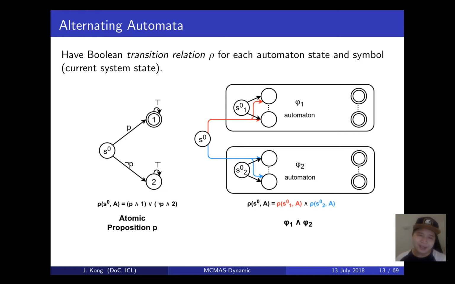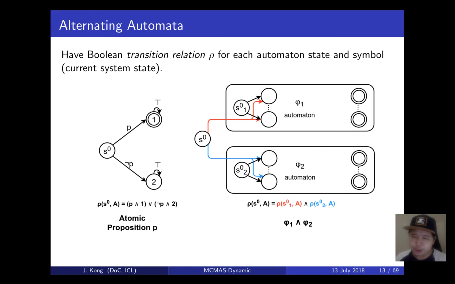Based on these alternating automata, for an atomic proposition, the automaton we generate is pretty simple, because if P is true, we transition to an accepting state, otherwise we won't be accepting. And for negation, I didn't cover it here, but we can rewrite our LDL formula into negation normal form, and then for the negation of an atomic proposition, the automaton is just the reverse of the one for the standard atomic proposition.